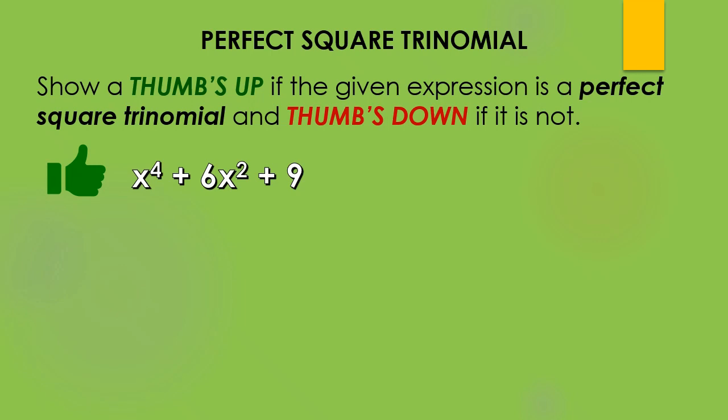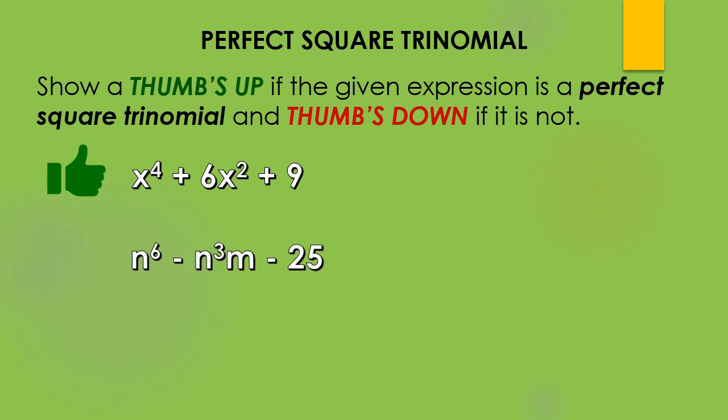Following the pattern a squared plus 2ab plus b squared, our ab would be 3x squared, and then we multiply it by 2 because we are going to get the middle term. Twice the product, 3x squared times 2, would be 6x squared.